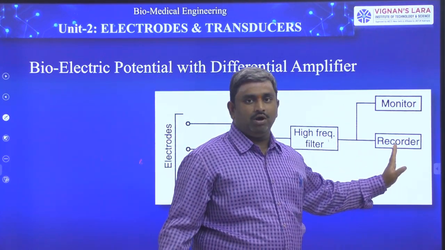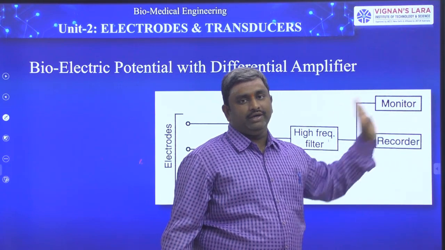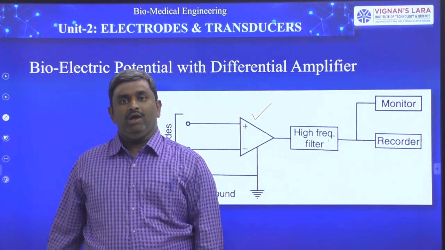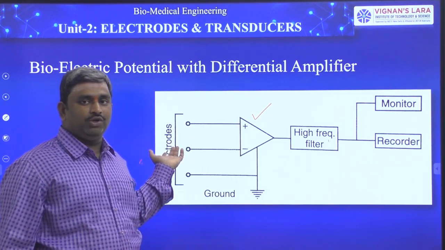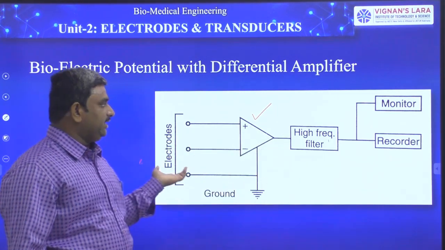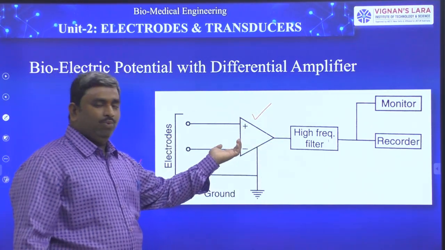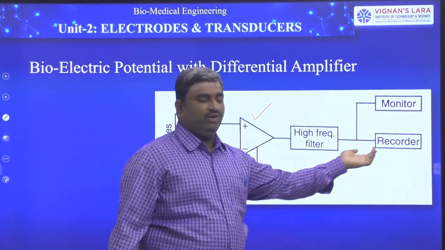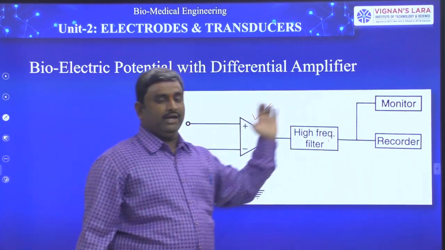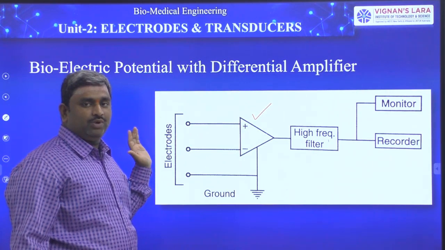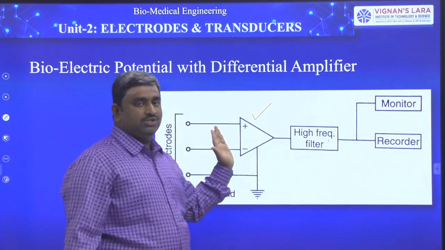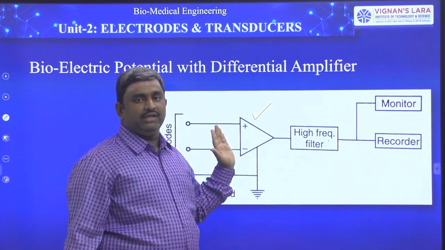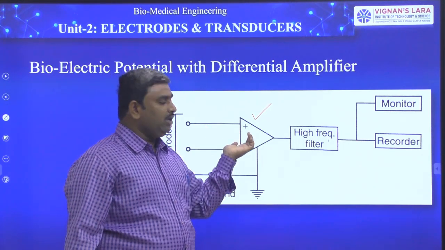In olden days the printer was called a recorder, and there are monitors. In the display we can see the different types of signals collected from the human body using this mechanism. So in this mechanism we have an op-amp, a high frequency filter, a recorder, and a monitor. The bioelectric potentials go through the electrodes to the input of this op-amp, which consists of a differential amplifier, and it gives some output.